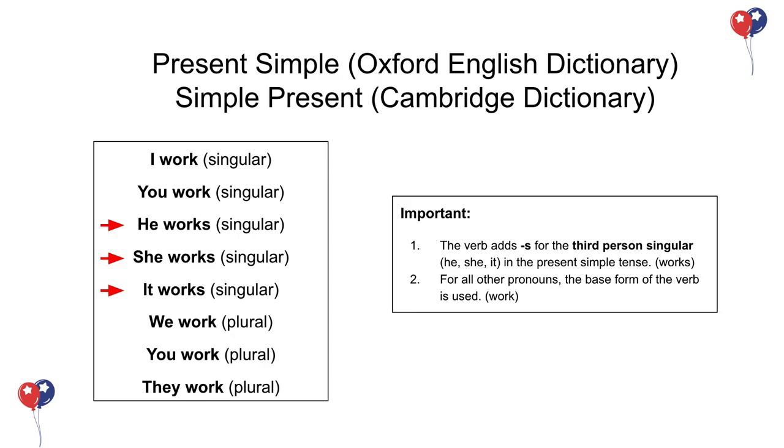Some universities use them in different ways, and some people can be placed in exams, for example, write a sentence using present simple. Other universities can say, write a sentence using simple present. And that's the only difference, really.